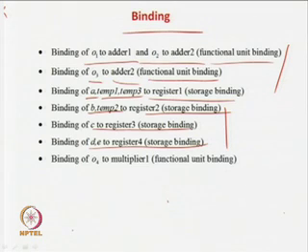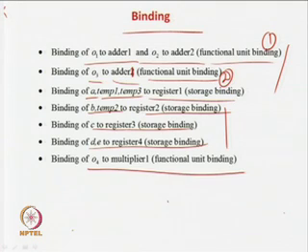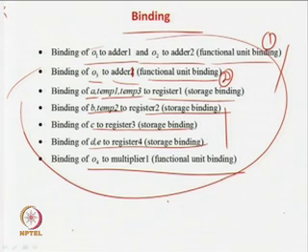These are storage unit binding and these are actually functional unit binding. Okay. So, O3 actually in this case we are doing in adder 1. Sorry for the mistake, O1 in adder 1, O2 in adder 2, this is in the first time step, and in the second time step O3, that is temp 1 plus temp 2, is again done in adder 1, and then O4 is done to multiplier 1, there was obviously only one choice. So, this actually completes your binding arrangement.